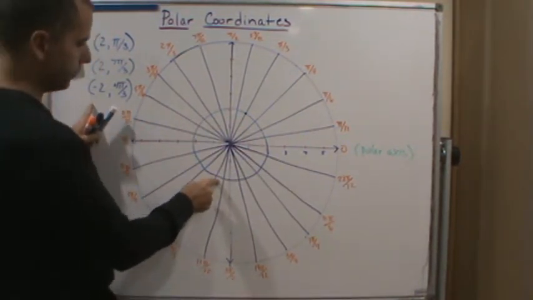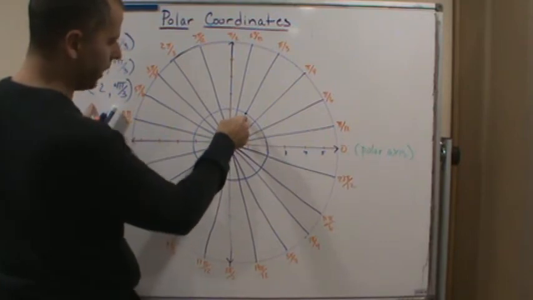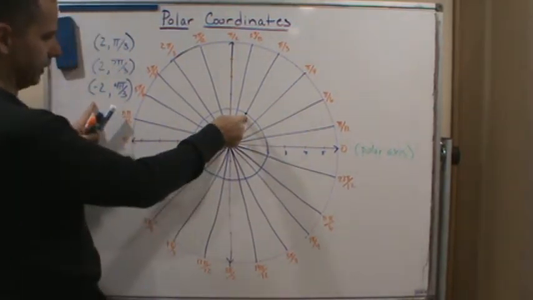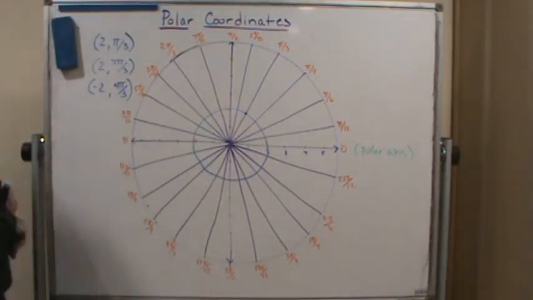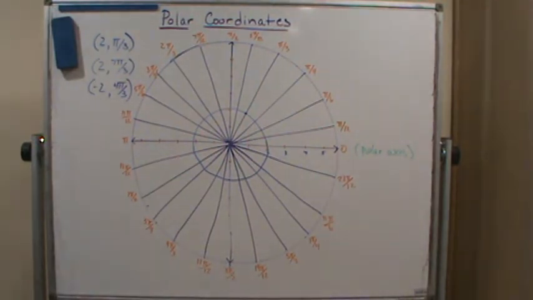Then with -2, I jump across in the opposite direction and I get to the same place. So there's an infinite number of ways I can write the same point on the polar coordinate system.